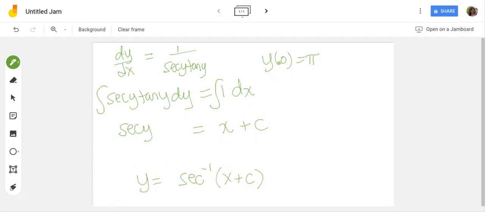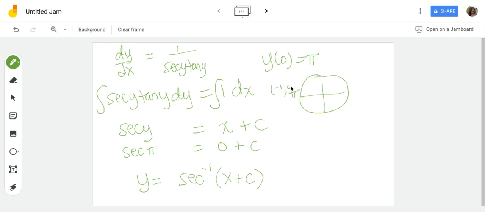All right, so we're saying when x is 0, so I'm going to plug a 0 in here. When x is 0, I get y is pi. So that means the secant of pi is 0 plus C. Because when x is 0, the answer for y is pi. So we got to think on the unit circle, what is the secant of pi? So on the unit circle, pi is over here.